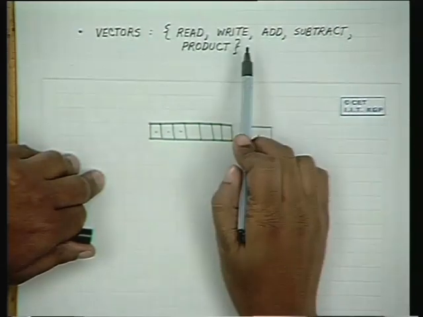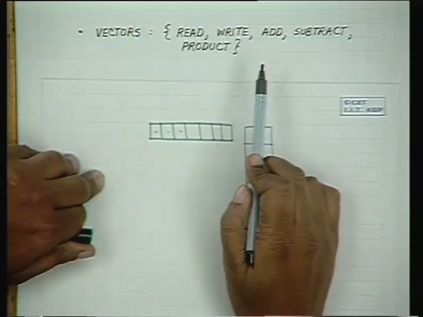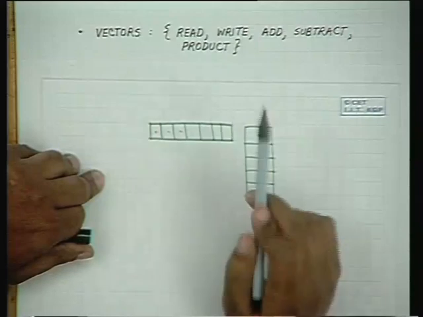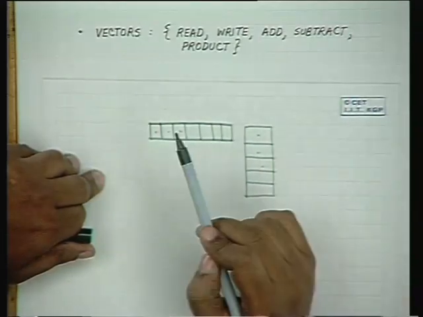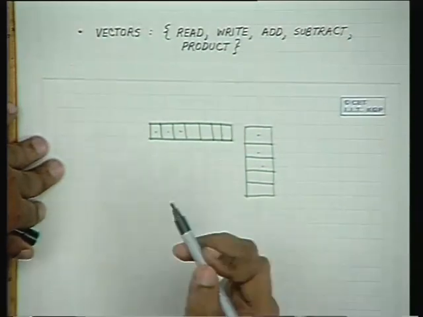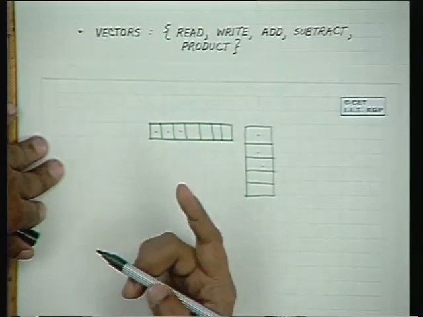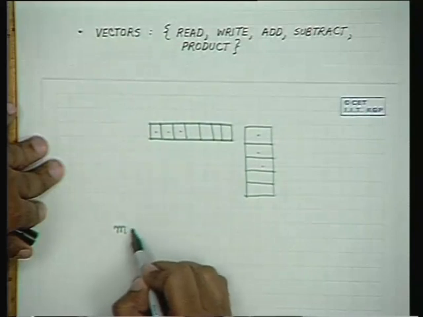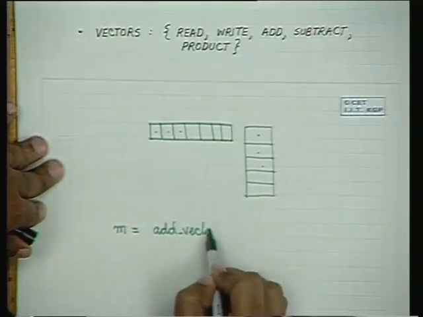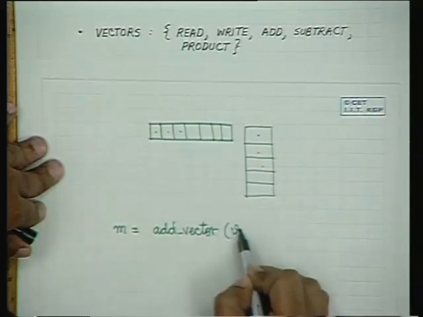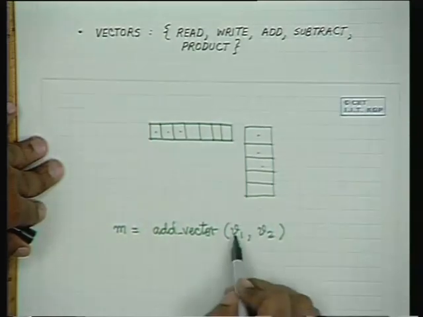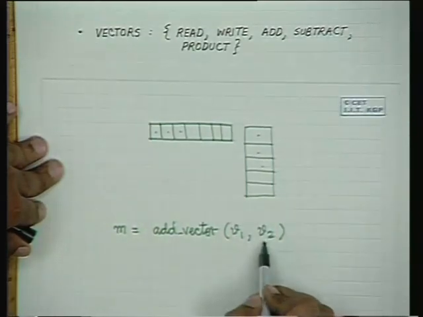On the other hand, if you had a cross product, then it would return what? A cross product of two vectors would return a matrix. So if you define cross product of two vectors, you would also have to define a matrix, and you would have had to write M is equal to add vector V1 V2, where V1 and V2 are declared as vectors.